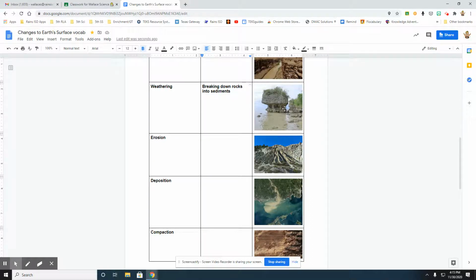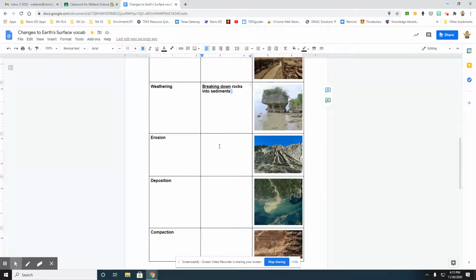We see here in our picture example, we have this large piece of land, but over time, the waves have weathered or broken down this large rock, and they've carried away those sediments, okay? So breaking down is weathering, okay? And so if you think of your hand when you make a W, like you put up 3 fingers, looks like a W, then I want you to think weathering or breaking down.